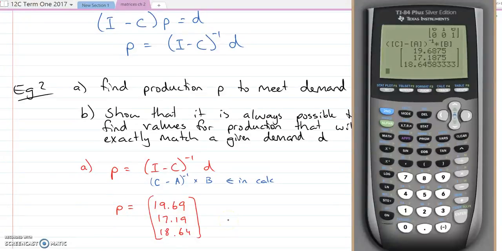So this is the output that is required to meet that 5, 2, 4 demand. Okay, the next question, let's have a look.